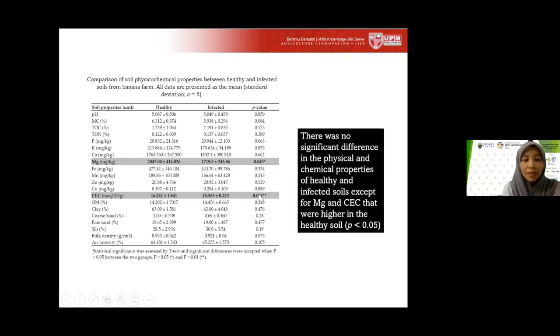Magnesium is an essential mineral element for plants and microbes, and has been associated with Fusarium wilt disease suppression, while CEC is a measure of the soil's ability to hold and exchange cations, including magnesium, and soil with high CEC was reported to be conducive for beneficial microbes such as Bacillus to suppress Fusarium wilt pathogens.